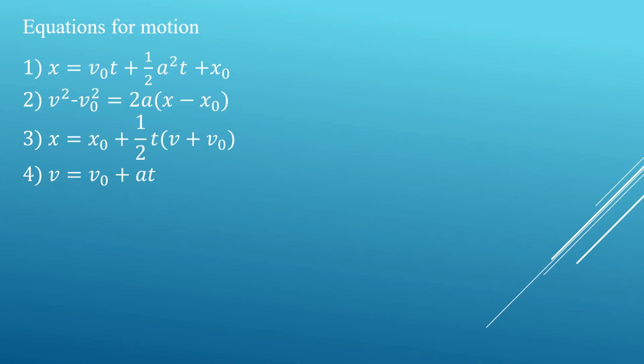Let me give you an example. For example, you have a problem that gives you a displacement, initial velocity, and acceleration. And it's asking about the time, right? So you can use equation 1 or 4, correct? So what I expect you to do is solve the problem with equation 4, right?